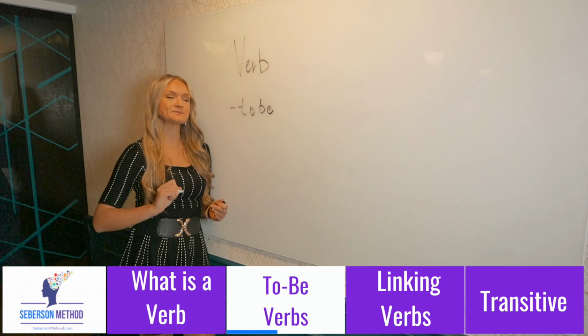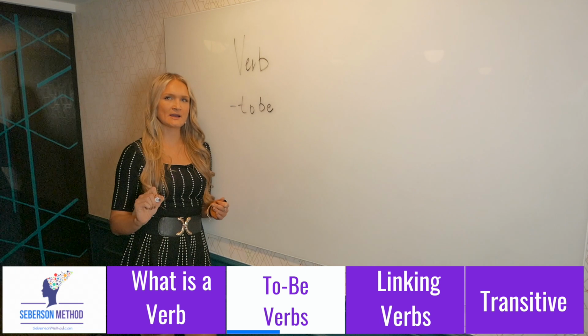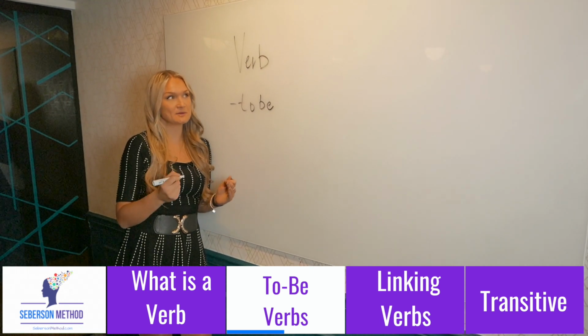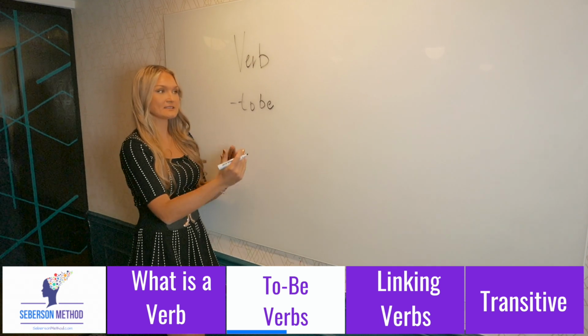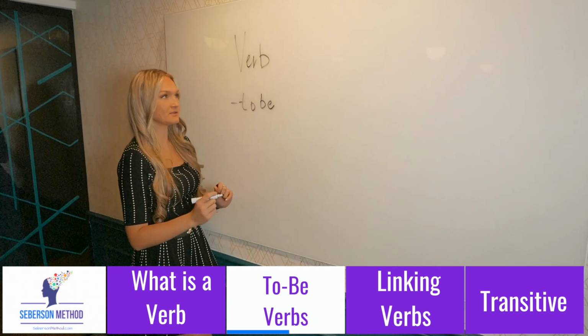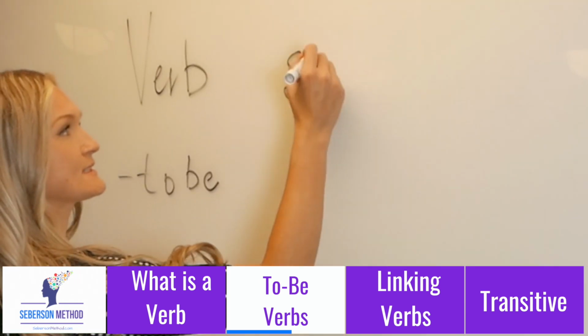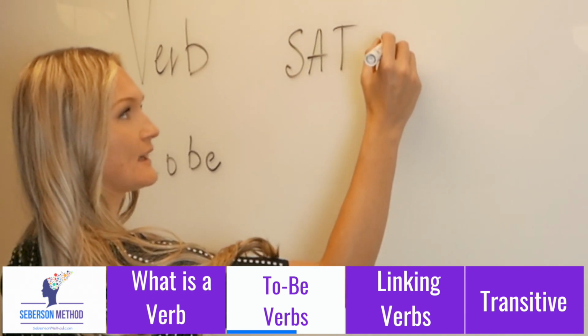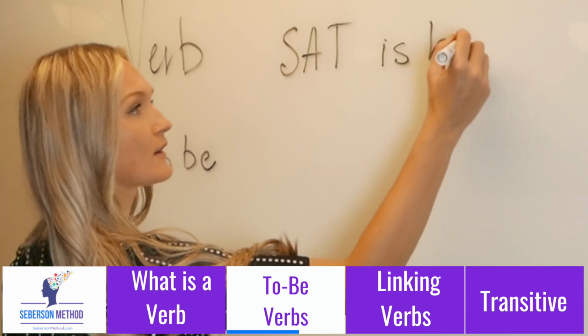But the to-be verb is a very unique verb that actually just puts an equal sign between the subject and the complement. Let me give you an example. SAT is hard.